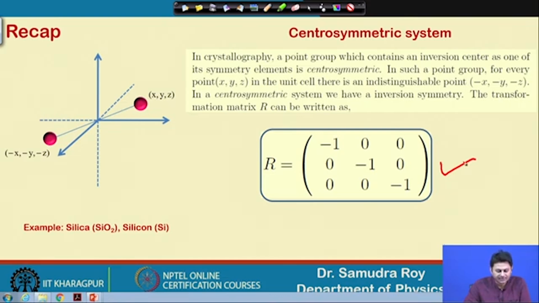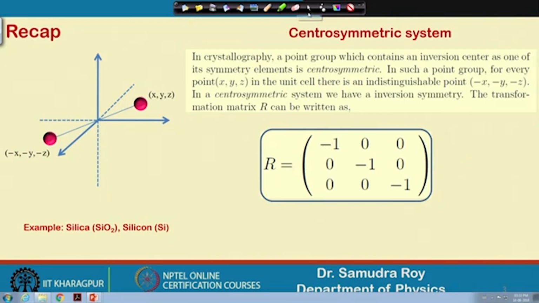Once we have a centrosymmetric system, the next thing is to find out how the optical nonlinearity will affect it. As I mentioned, the first higher order effect will be the chi 3 effect, because chi 2 is 0 here.